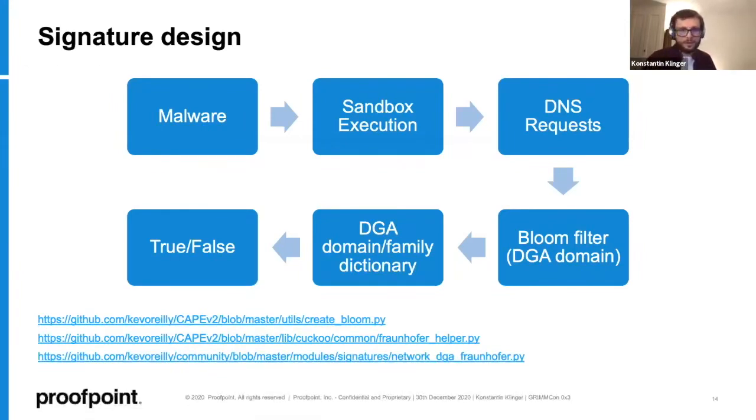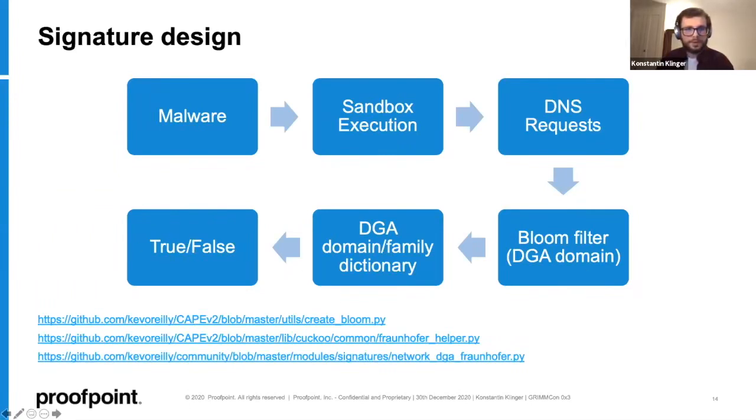Of course we could improve things if we would be able to do the second lookup against an external server or against a microservice that runs on the sandbox controller. So those are all good ideas, and we have some room for improvement in the future. In the end, the signature returns true or false.